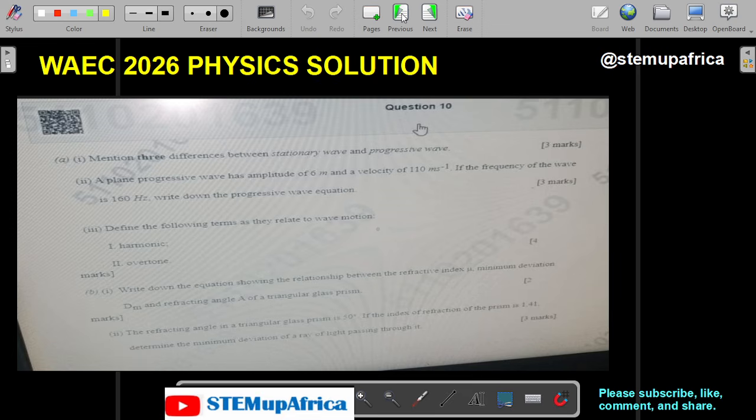Now, if you look at question B, it says write down the equation showing the relationship between the refractive index n, minimal deviation dm, and the refractive angle A of a triangular glass prism.